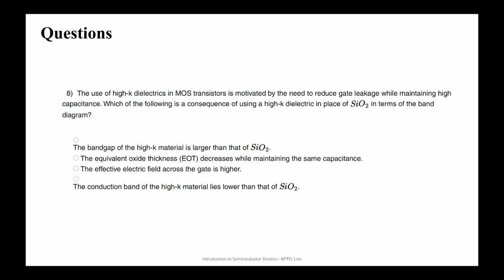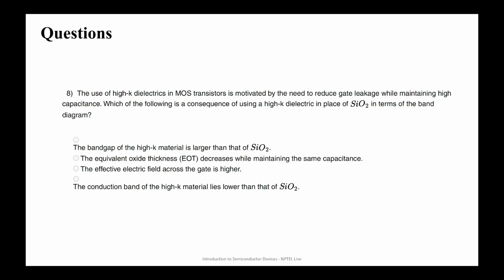The use of high-k dielectrics in MOS transistors is motivated by the need to reduce gate leakage while maintaining high capacitance. Which of the following is a consequence of using a high-k dielectric in place of SiO2 in terms of band diagram? The band gap of high-k material is larger than that of SiO2. The equivalent oxide thickness decreases while maintaining the same capacitance.